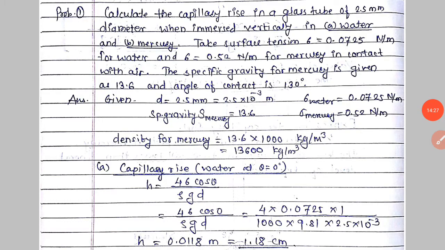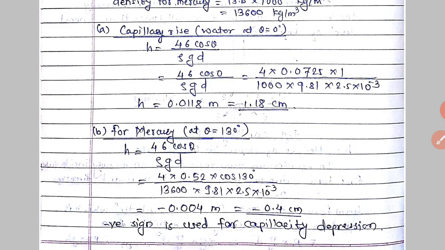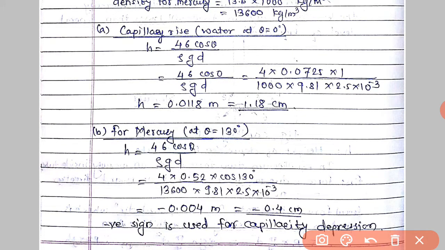Now we have to calculate the capillary fall for mercury. See here, for mercury, the angle of contact theta will be 130 degrees. So first write down the equation of h. h is equal to 4 sigma cos theta upon rho g d. So put the value 4 as it is, sigma is equal to 0.52 into cos theta, cos 130 degrees. The value of rho for mercury is written here, and the value of g, 9.8, is written here, and then the value of d, 2.5 into 10 raised to minus 3.